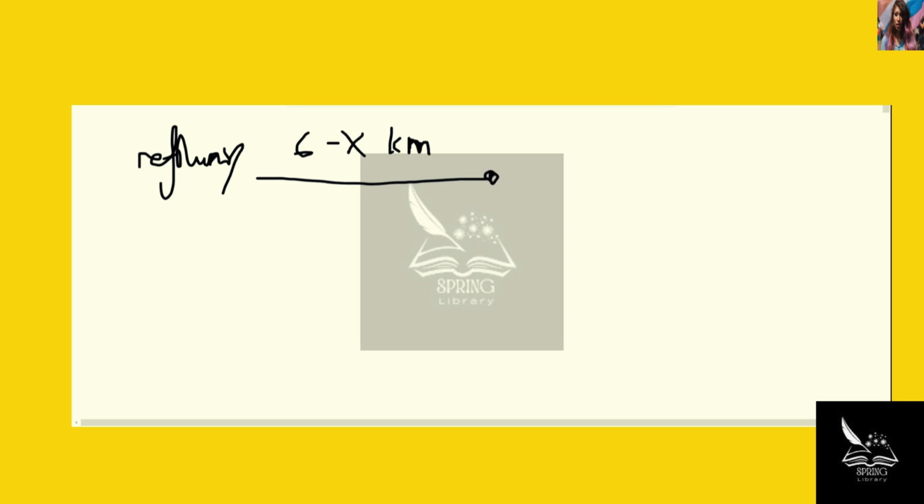To understand this problem, let's draw a quick diagram. So we have our refinery here. Then to the east of this, at a distance of 6 minus x, let's say kilometers, we have our point P on the surface, and then another distance x away, directly below this point, is the tank.